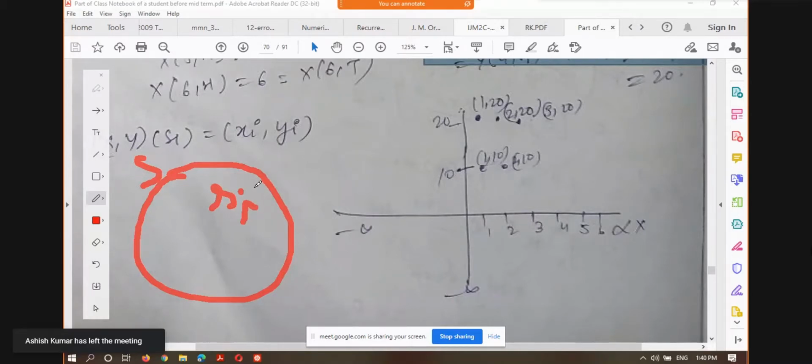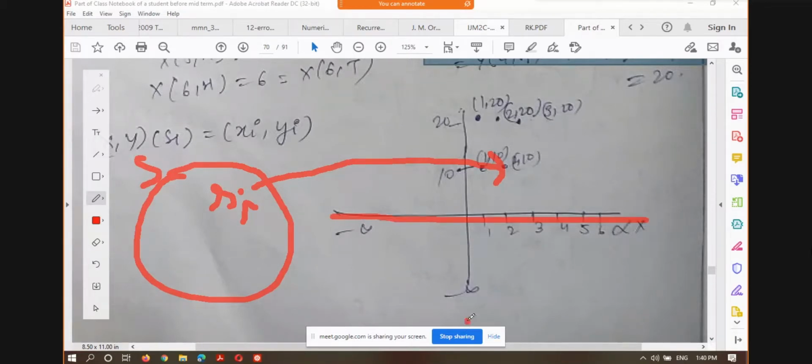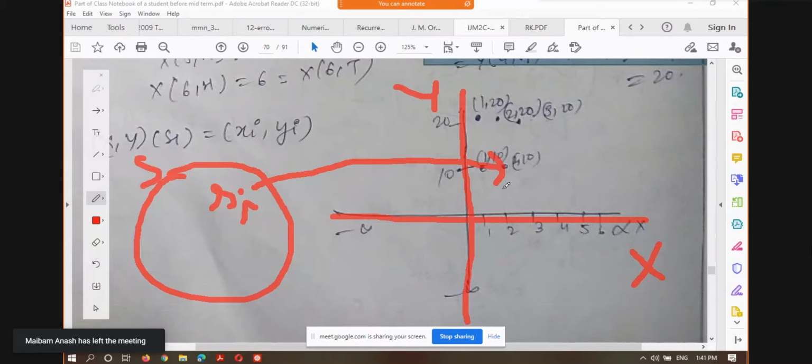It is now mapped to a point in two-dimensional space: one axis is for the random variable X, and the other is for the random variable Y. If Si is the sample point 2 tail, having face value 2, then 2 tail is mapped to (2, 10).